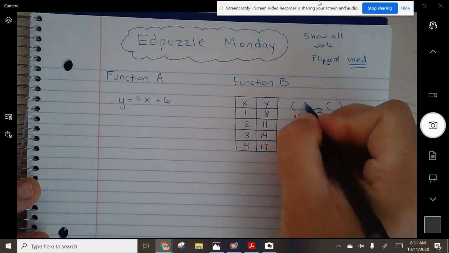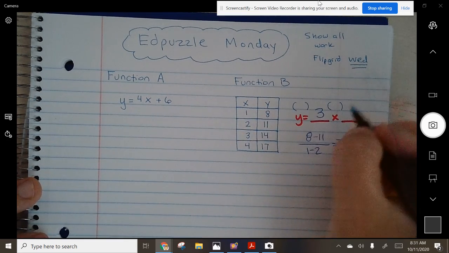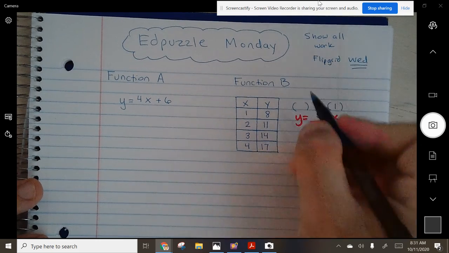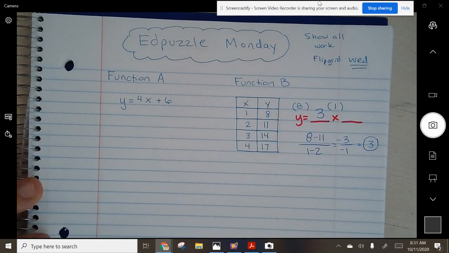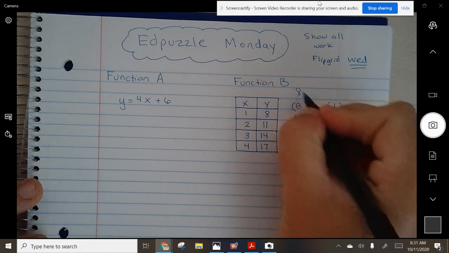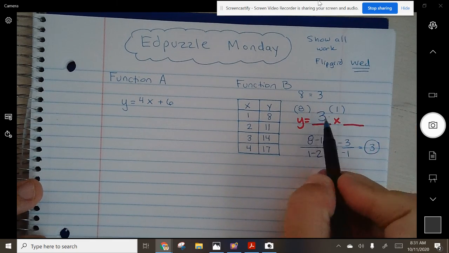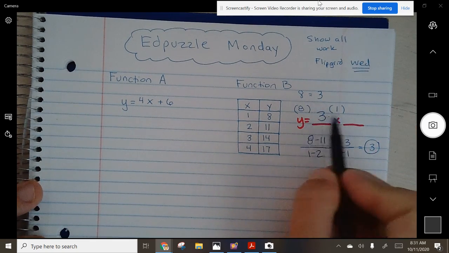I'm going to plug in the first point. I'm going to put 1 here where my x is. I'm going to put 8 here where my y is. Now, does 8 equal 3 times 1? Nope, but we got to make this sentence true.